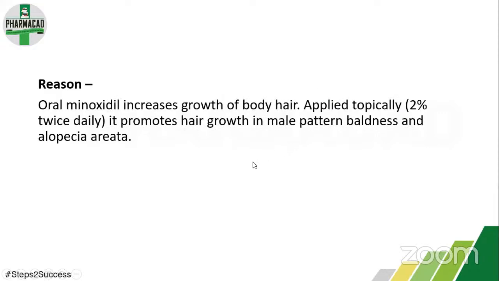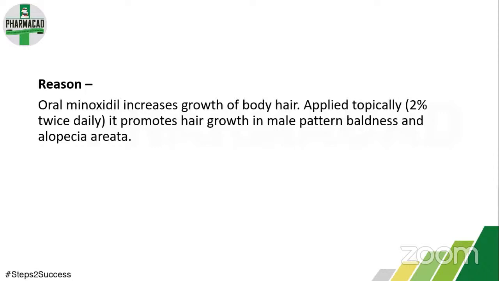Hence, we utilized this adverse reaction and started preparing oral minoxidil or topical minoxidil for hair growth purposes. So minoxidil increases growth of body hair when you apply it topically or when you take it orally, and it promotes the growth in male pattern baldness and alopecia areata.